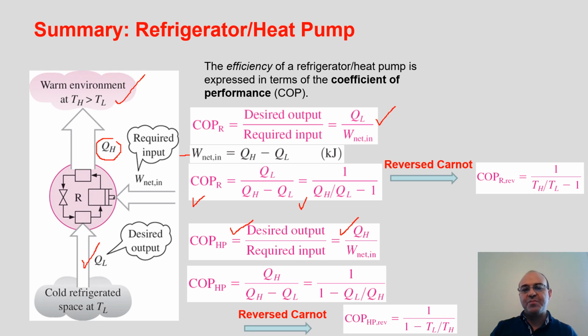However, if you use a heat pump, then you will be able to boost this amount of work in and extract some additional heat from the cold surrounding and then pump that heat to the interior of the house. So in the case of a heat pump, QH is actually equal to W net in plus QL.